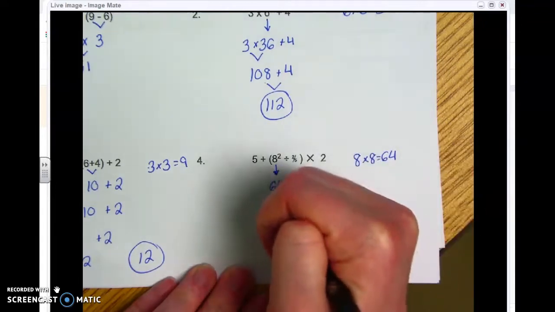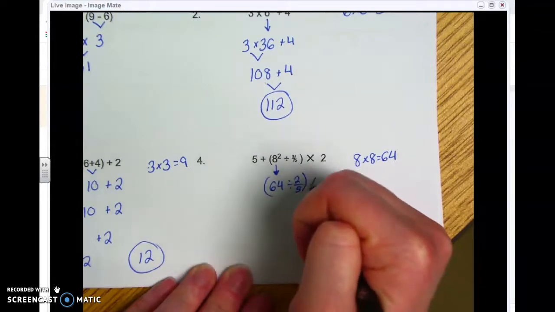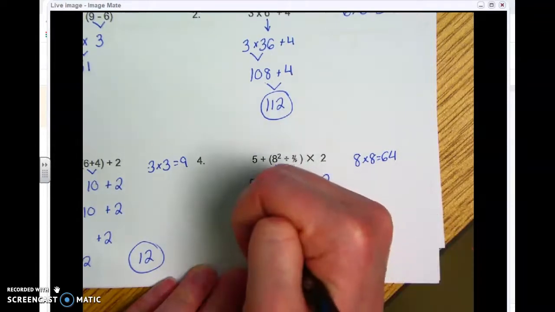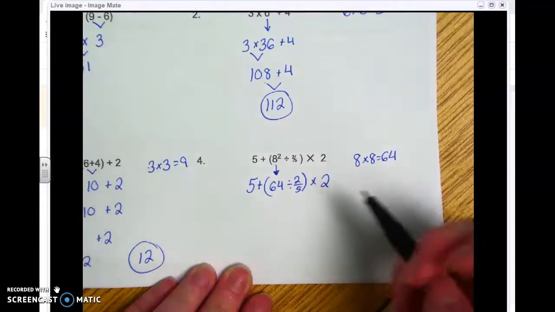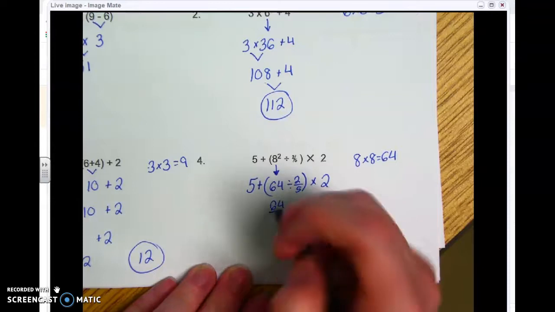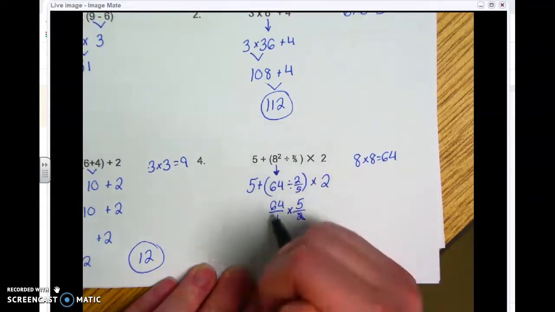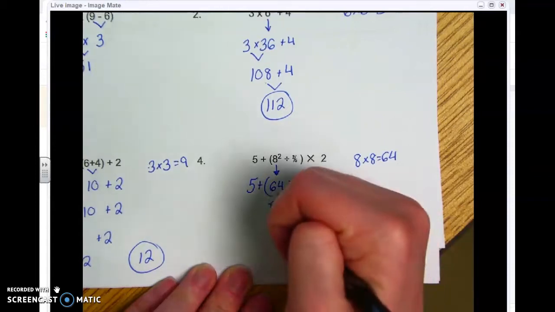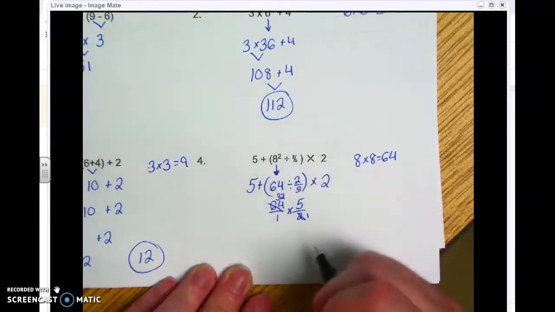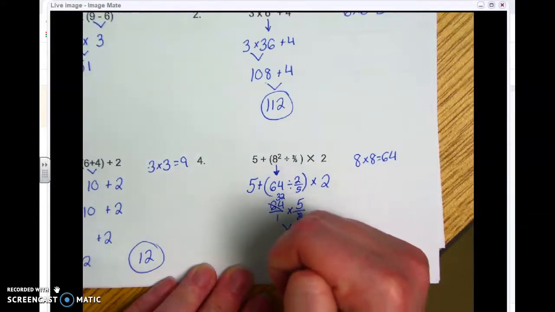So I have 64 divided by 2 fifths. I am going to keep these parentheses because I have not done everything that's inside yet. Okay? I'm going to put 64 over 1. So that's my copy, change, flip. I am going to cross simplify because it's faster for me. 32, and that's a 1. 32 times 5 is 160.